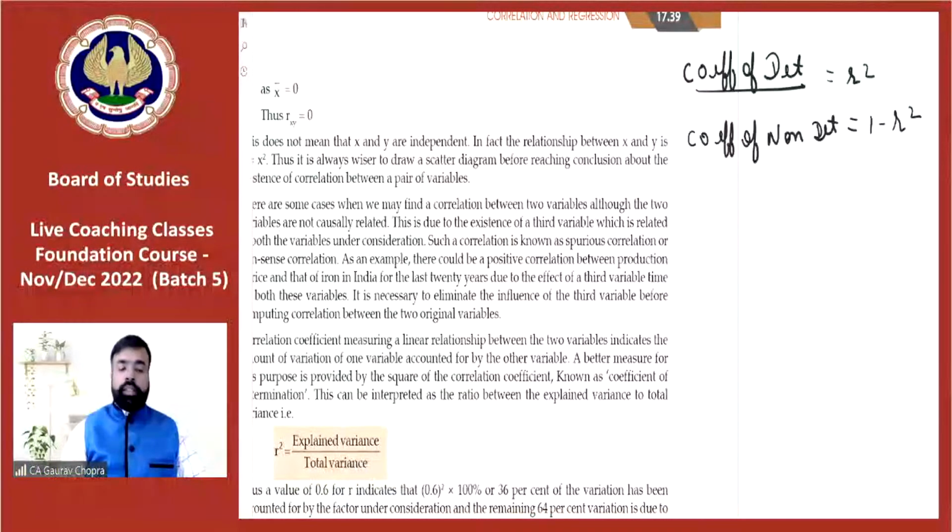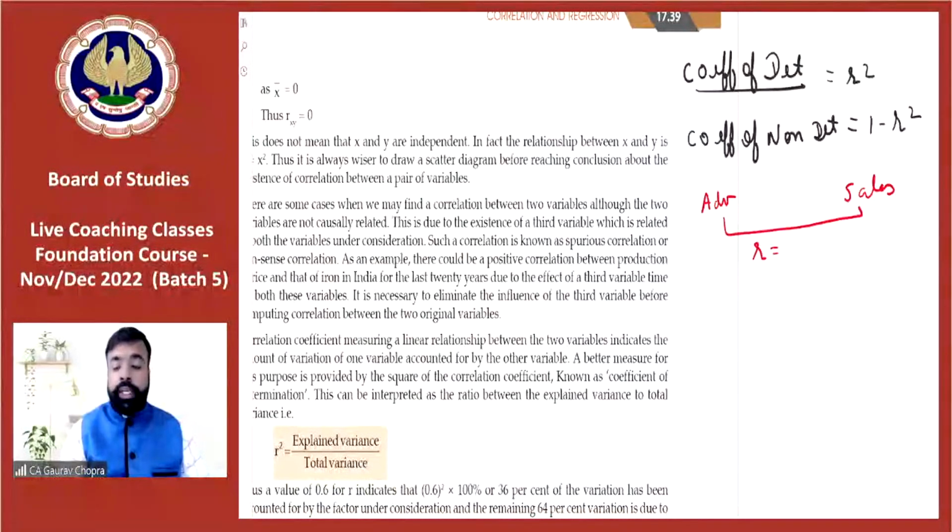Now, we had taken one example also on this, like if there is advertisement and sales, and the correlation between advertisement and sales is 0.9. So if we find out the r square, it is 0.81, or in terms of percentage, 81%.